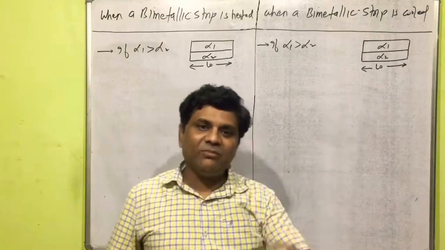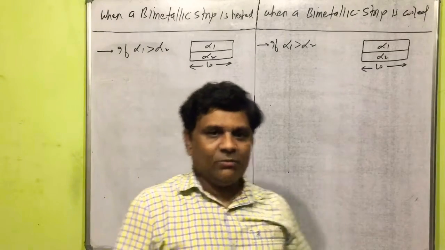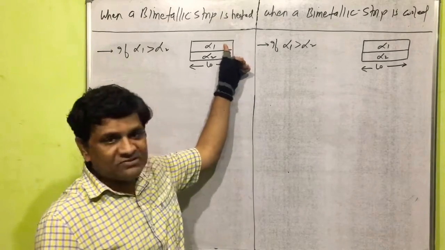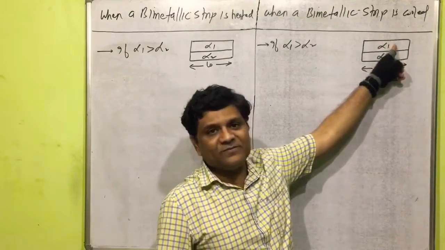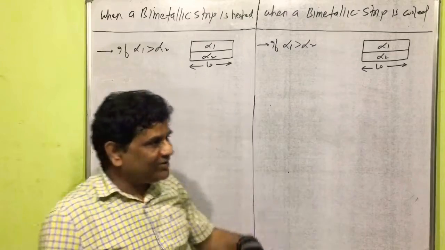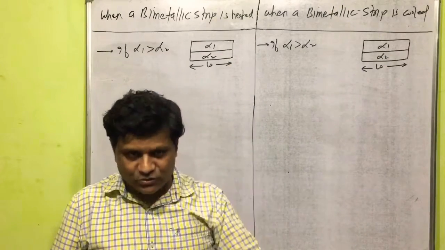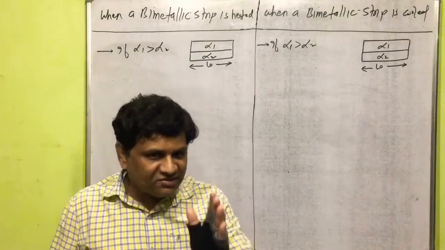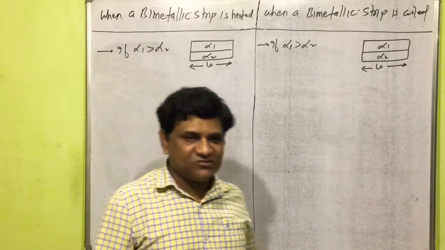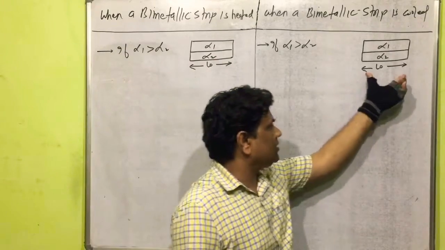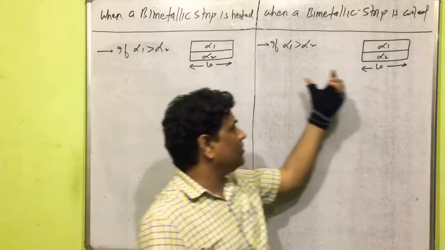Both are the diagram of a bimetallic strip. Upper strip is made of coefficient of linear expansion alpha 1 and lower strip is made of coefficient of linear expansion alpha 2. Initially, this bimetallic strip is straight, of length L naught.